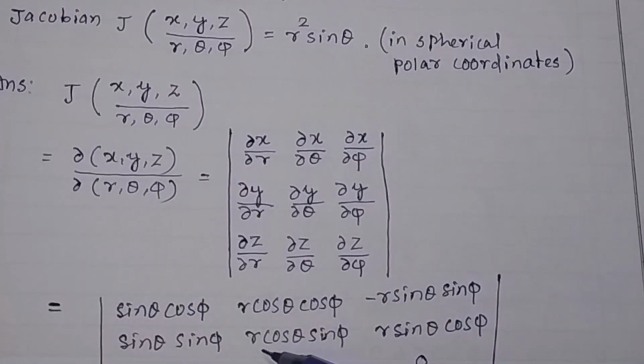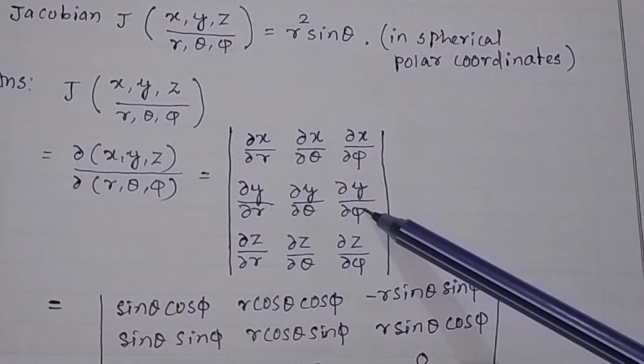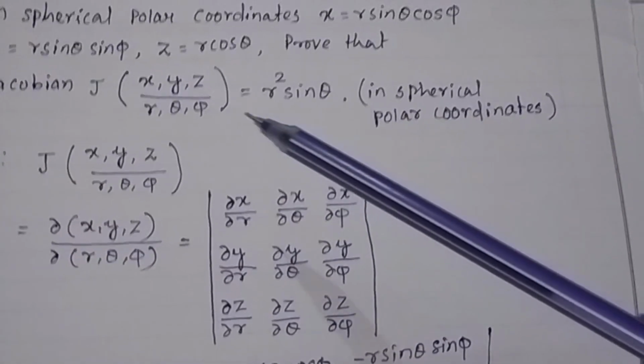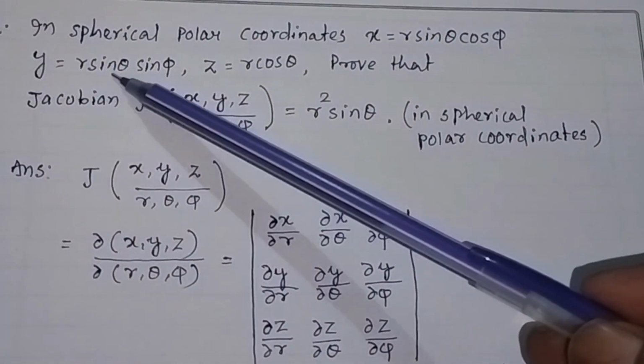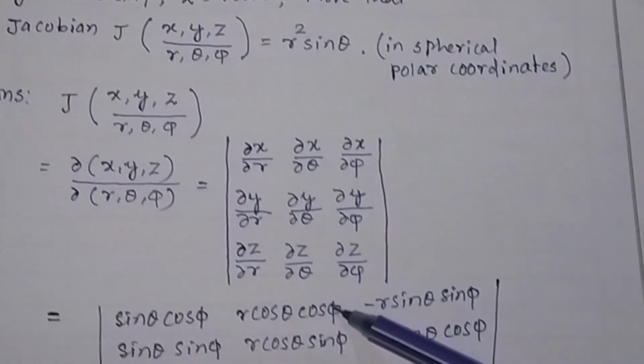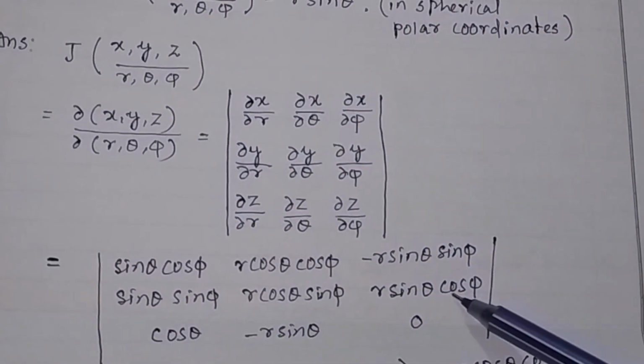Similarly, the partial derivative of y with respect to phi will be equal to r sin theta cos phi.